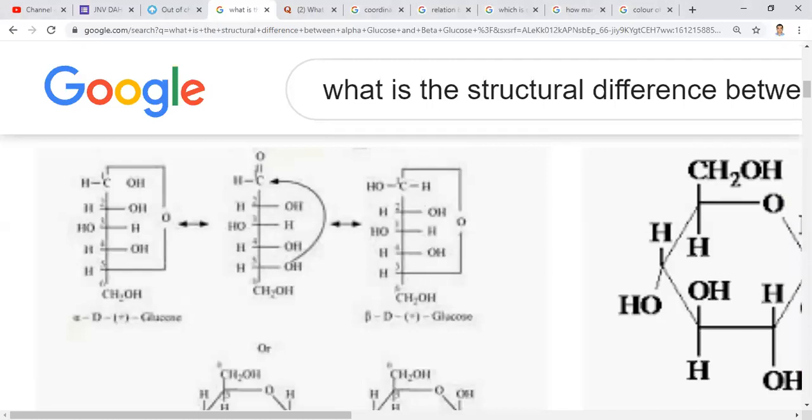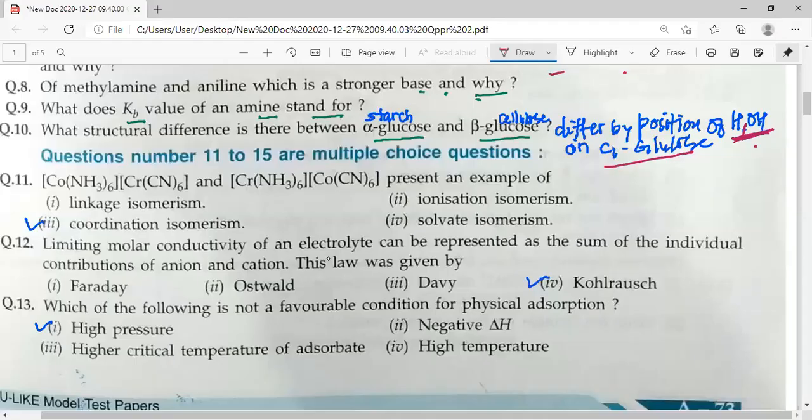Understood? So you should answer this question as: alpha D glucose and beta D glucose differ by the position of H and OH on carbon 1 of glucose. That is what we can write.